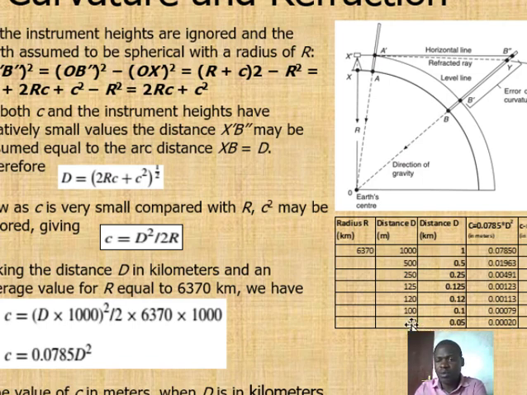For the distance equal to 50 meters, we have 0.0002, which means 2/10 of a millimeter, which is very, very small, approximately equal to 0. This is the reason why, when you have a small distance approximately equal to 50 meters, this curvature error is approximately equal to 0, and can be neglected or ignored.